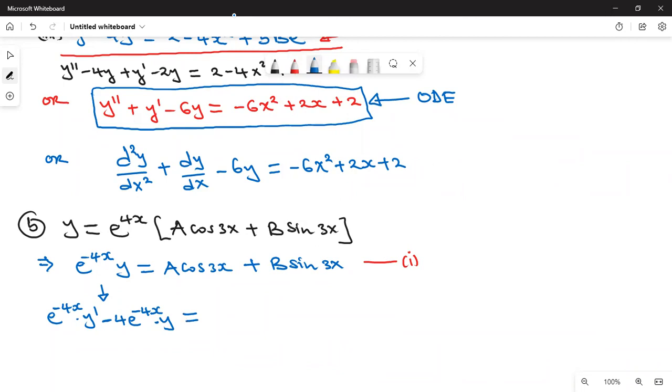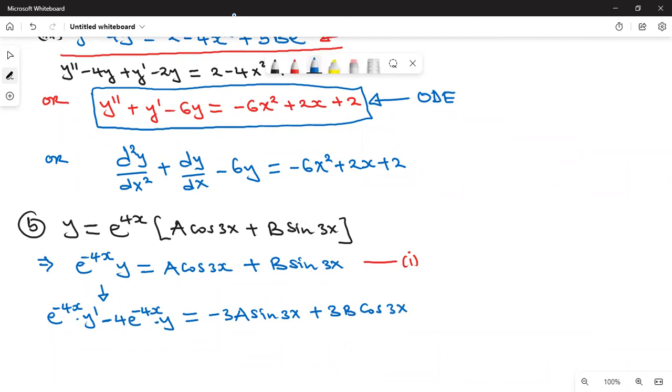On the right-hand side, when you differentiate, you get negative 3a sine 3x plus 3b cos 3x. That's what you get.